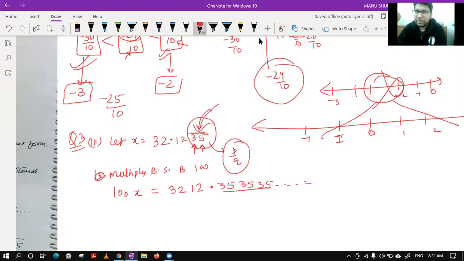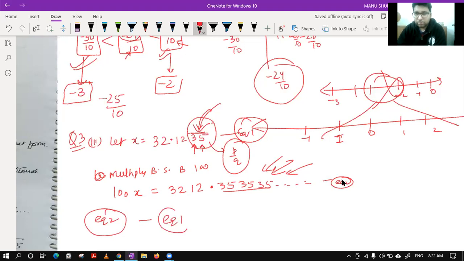This bar is giving you the picture, but while solving the question, it is always better to write in this way. Now, this is your equation number 1. This is your equation number 2. The proper language is to write subtracting equation 1 from equation 2, or in my way, you can write equation 2 minus equation 1.